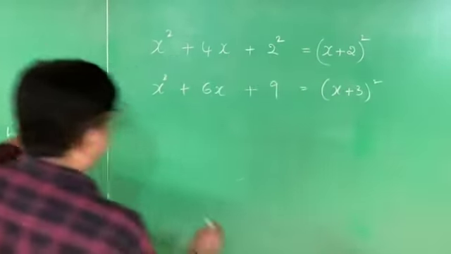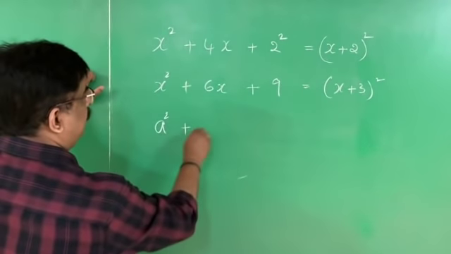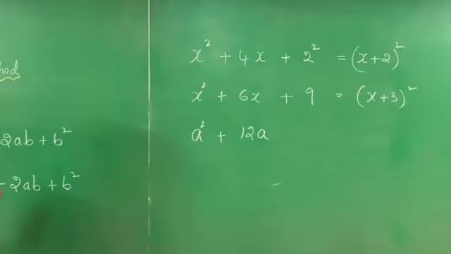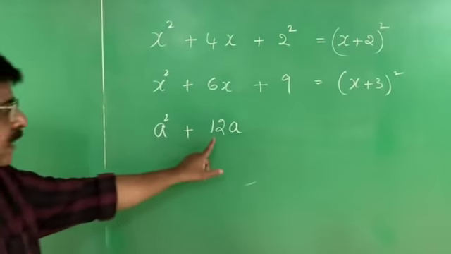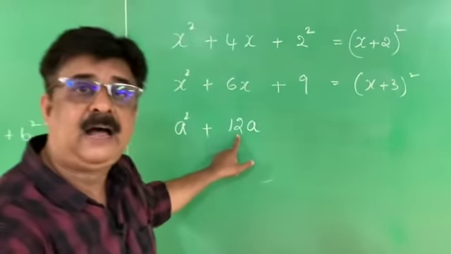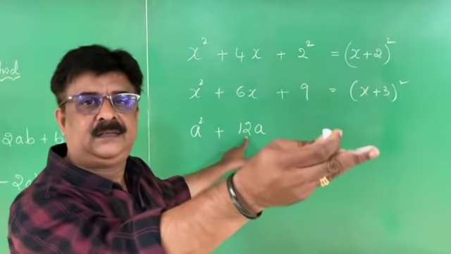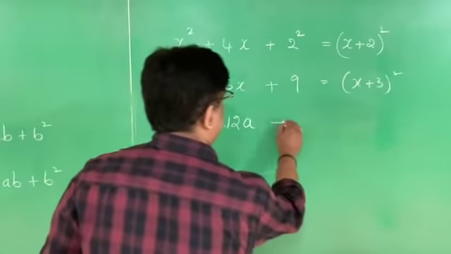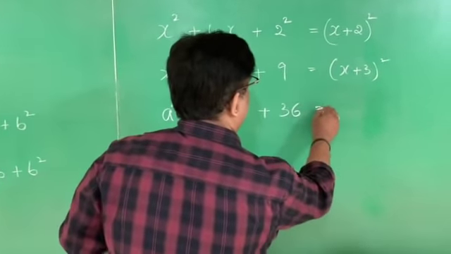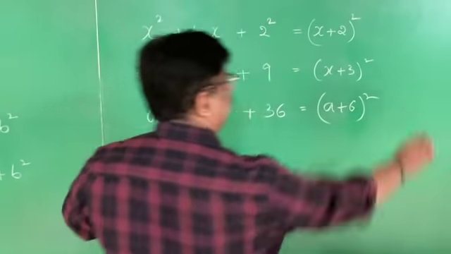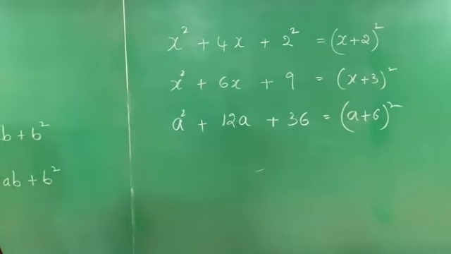Now tell me, a square plus 12a. What should be added? What is the number here? 12 is there. Half of 12 is 6. Square of that number, 6 square, is 36. If you add that, you get a plus 6 whole square.